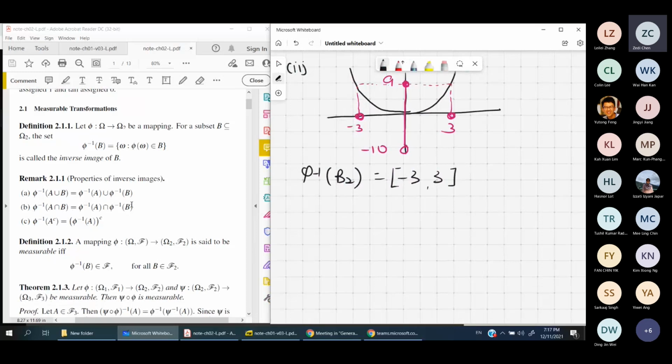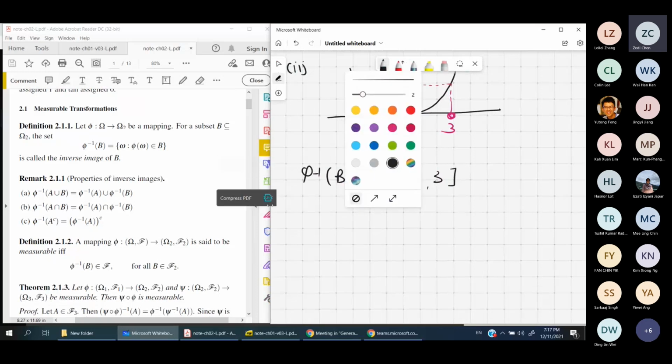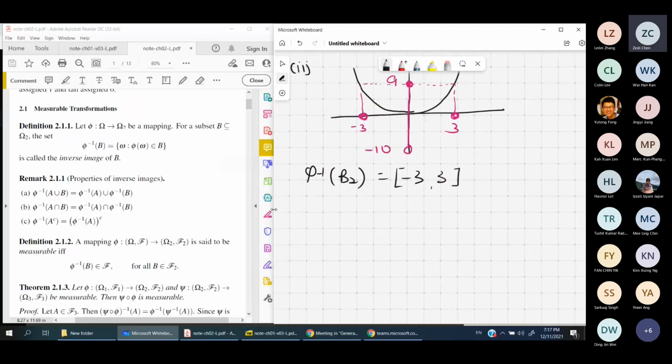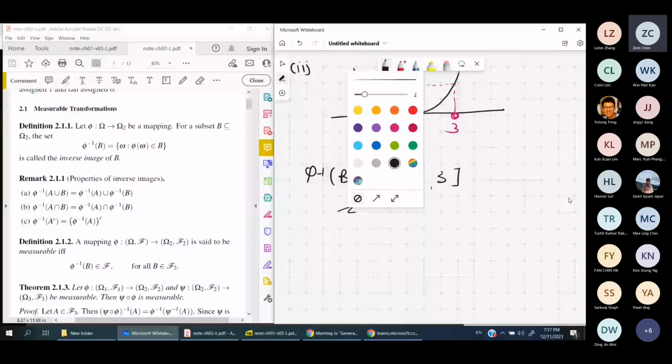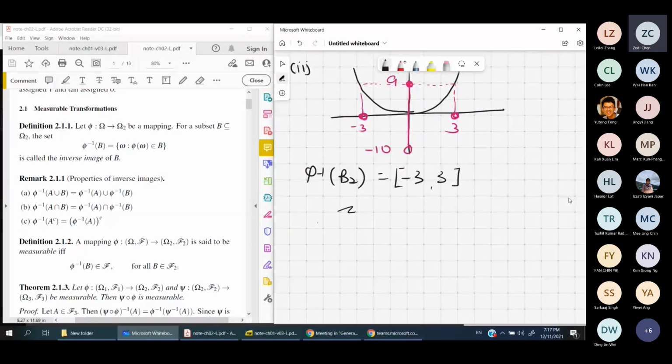In general, you may get things like that. You may have a formula.